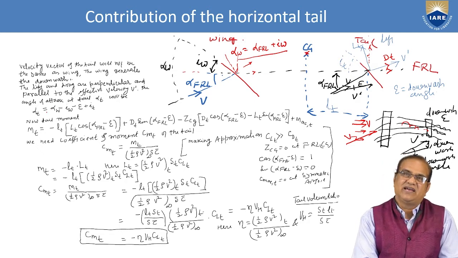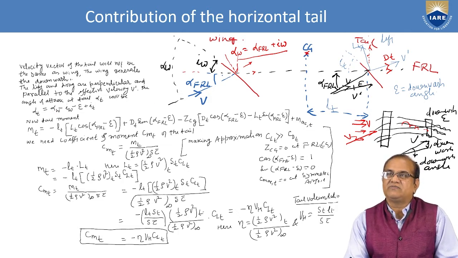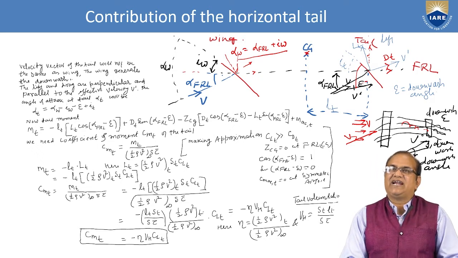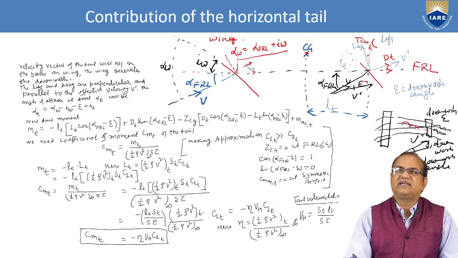So the net angle of attack at the tail is alpha FRL minus epsilon plus IT. That is the meaning of the net angle of attack at the tail, and it is called alpha T. So we have to understand that this will happen.